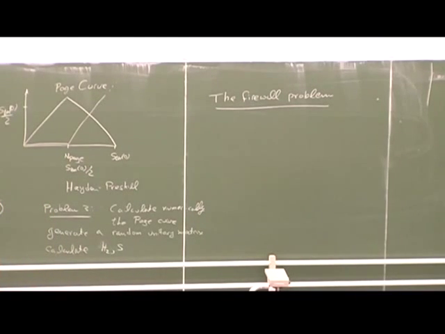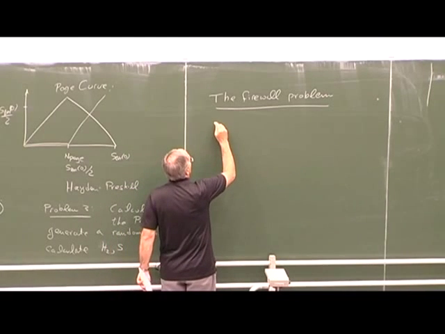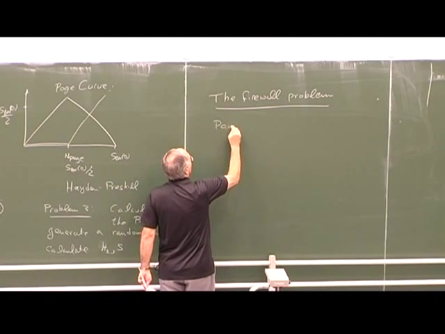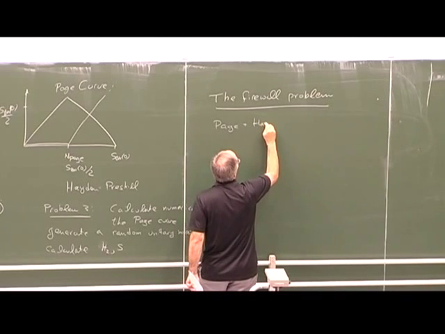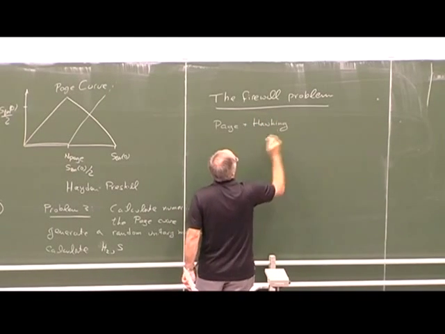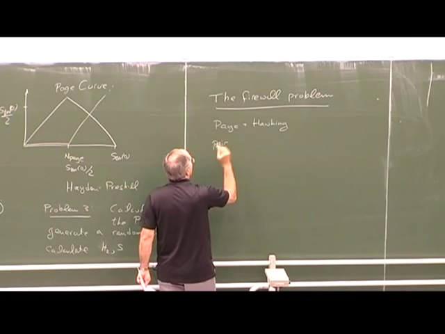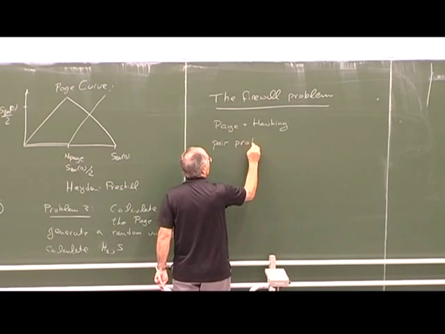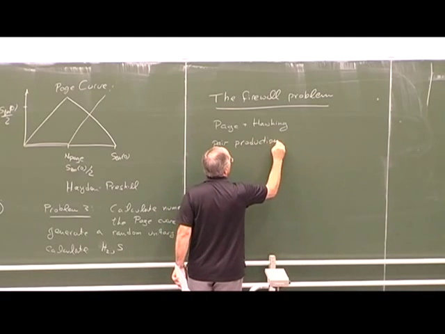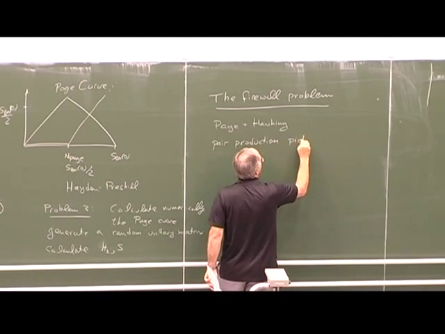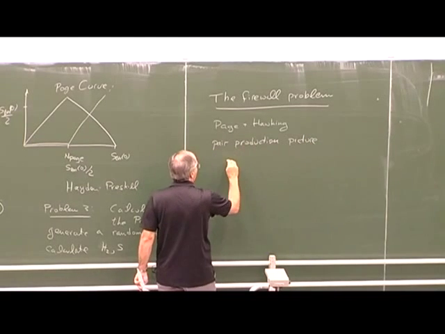So we want to combine the Hawking model with the assumption that unitarity is preserved and see what happens. So we take essentially Page plus Hawking, but in this case we need to use the so-called pair production picture, and I will need to explain that.